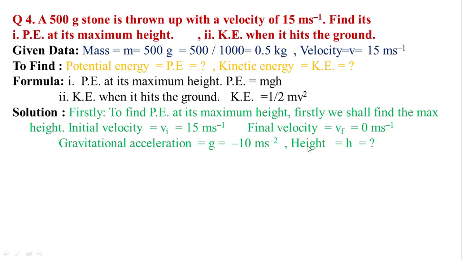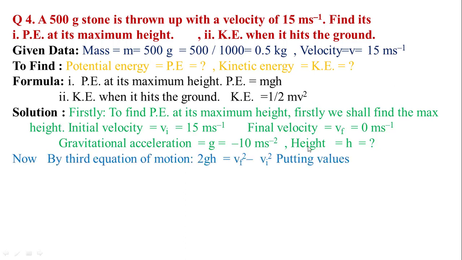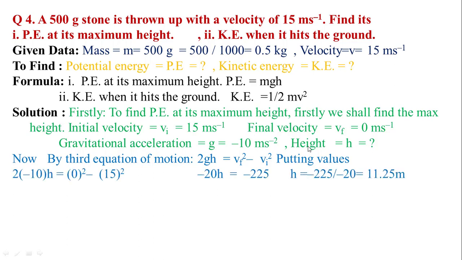Now we write the formula by the third equation of motion: 2gh is equal to vf square minus vi square. Putting the values, 2 into minus 10 multiplied by h is equal to vf, which is 0, square minus vi, 15, square.